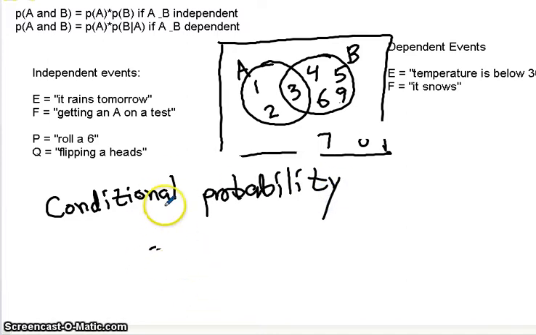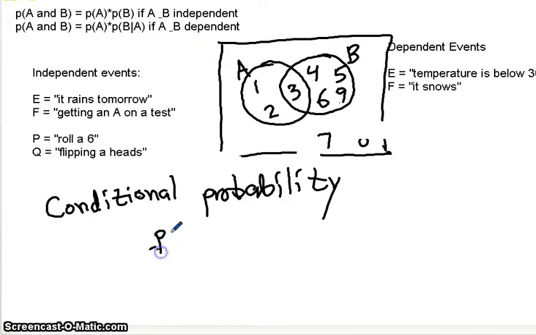Conditional probability basically is the probability that one event occurs given that the other event has already occurred. And so that's what that slash means.